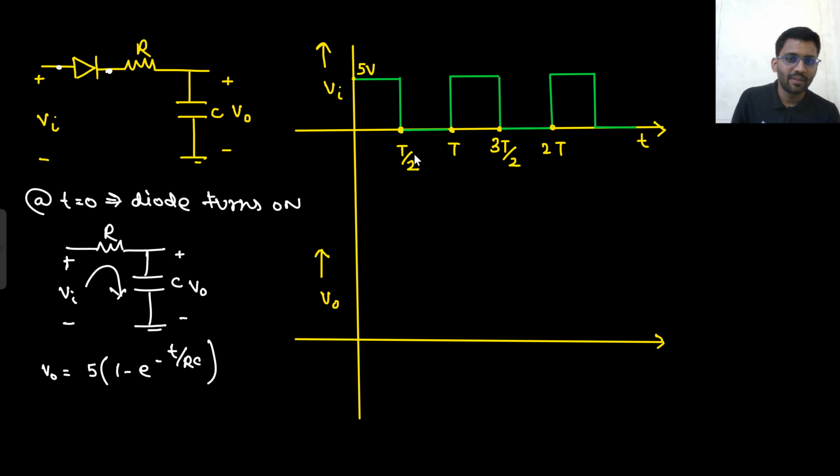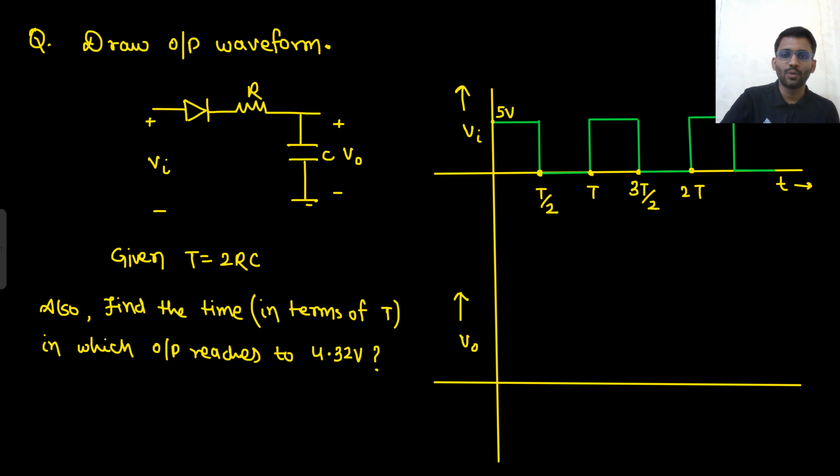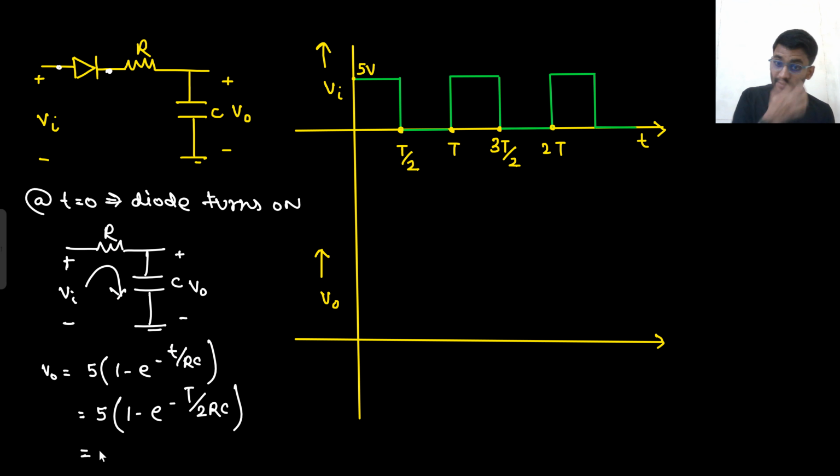It has the window of T by 2, right? So it will charge like this, 1 minus e to the power minus t by 2 RC. So till the time T by 2, 5 volt is there. And the value of T is given as 2 RC. So it will be 5 into 1 minus e to the power minus 1.